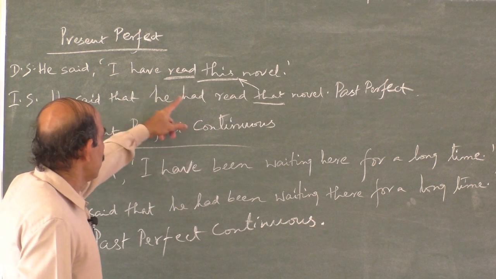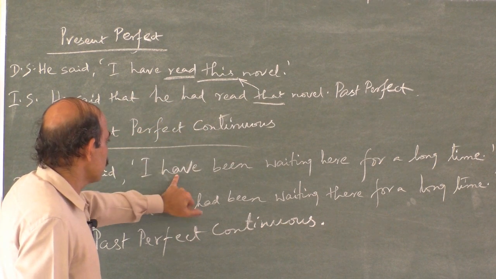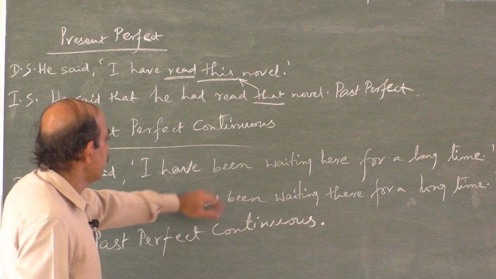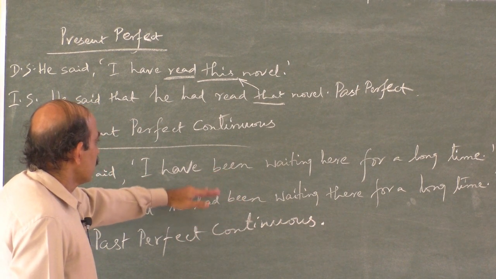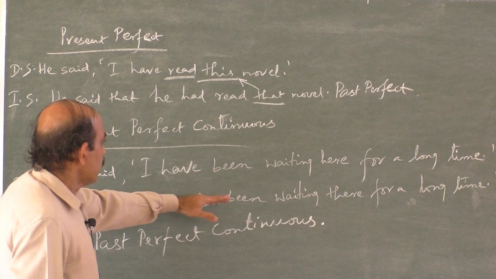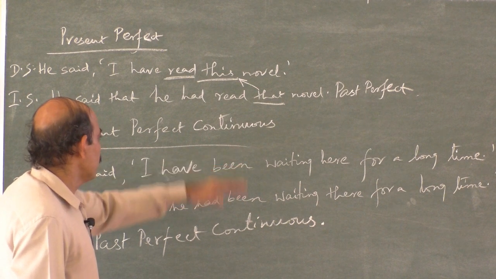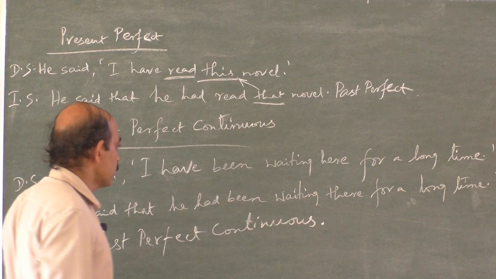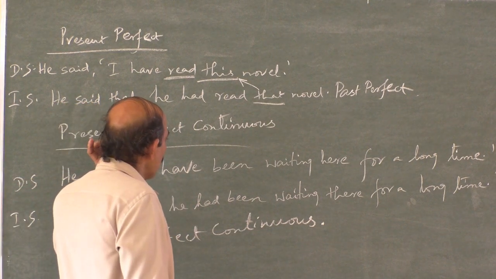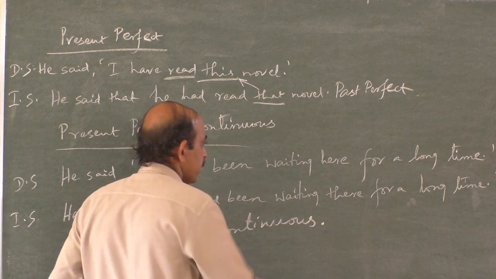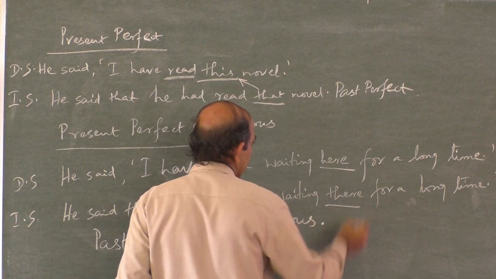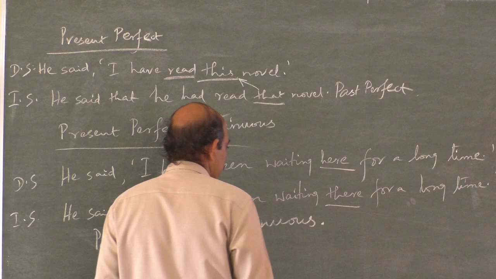Have has been changed to had. Here also have has been changed to had, and this "been" doesn't change because that is an auxiliary required there to say that it is continuous. Only the main auxiliary gets changed. Waiting there, here has been changed to there, for a long time.